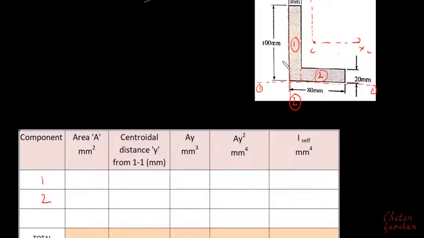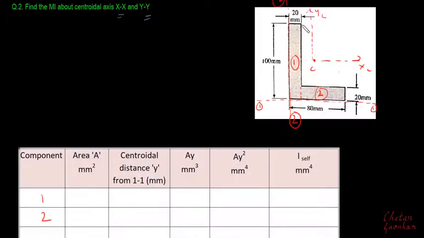The area of the first component will be 100 multiplied by 20, so this will become 2000, and the area of the second component will be 60 multiplied by 20, which will be 1200. Since this is 80 and this is 20, from here to here this distance will be 60, so 60 multiplied by 20 will be 1200.